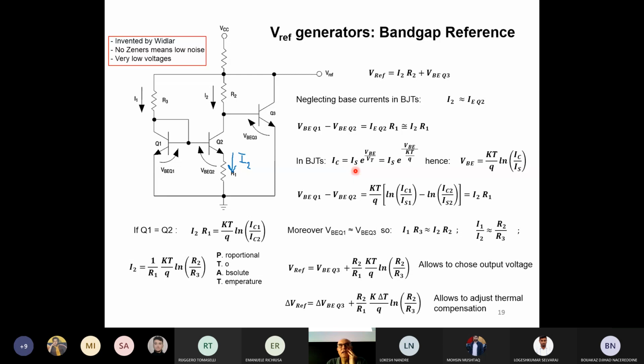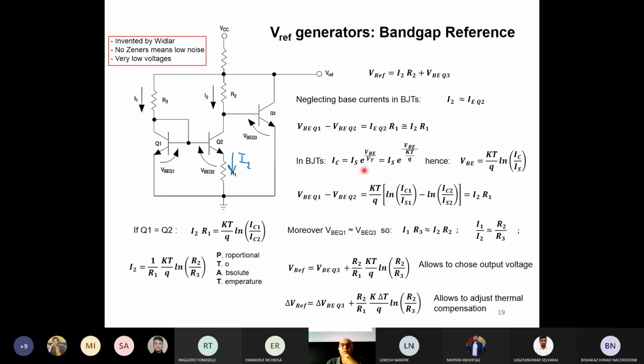Typically something around nanoamps or even less. And this current, which is a constant, can be multiplied by the exponential of VBE, so the base emitter voltage of the transistor, over VT. VT is the so-called thermal voltage. The thermal voltage, if you remember, is KT over Q.